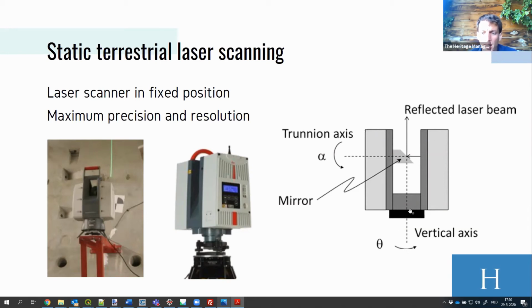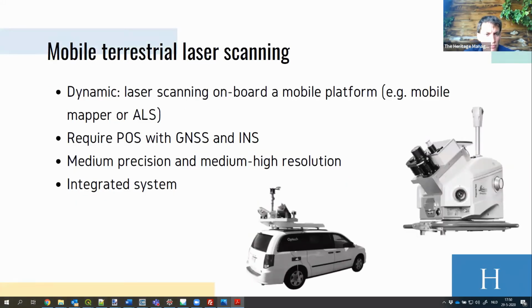And then on that vertical axis, we have a rotating mirror that will define the vertical angles, and we have a rotation that will define the horizontal angle. So we will rotate around our vertical axis, allowing us to measure the horizontal angle, and the rotating mirror will allow us to record the vertical angles.